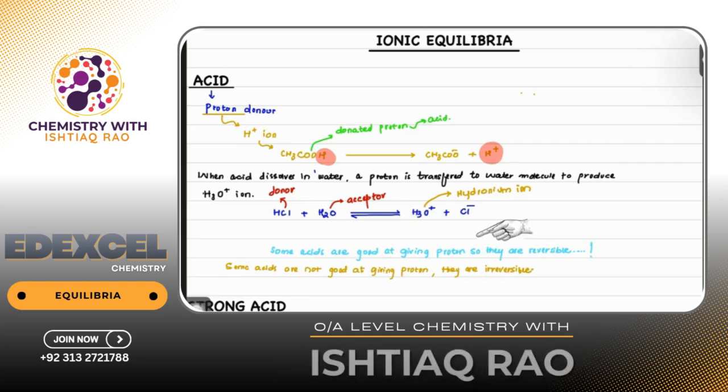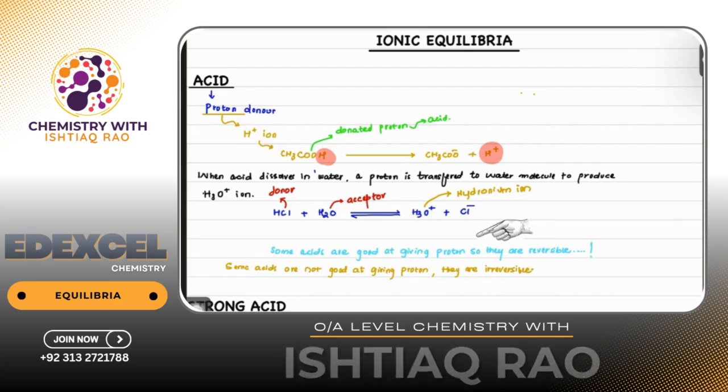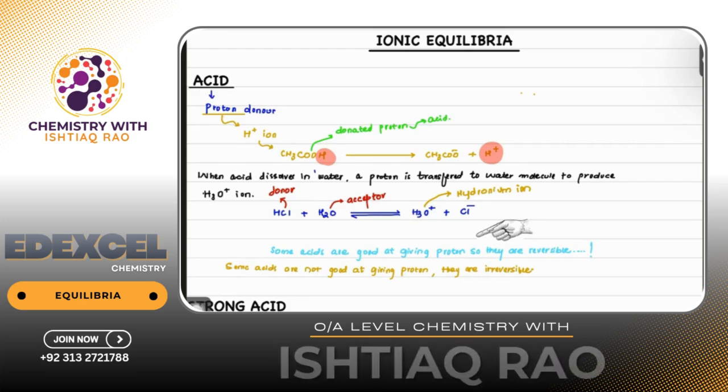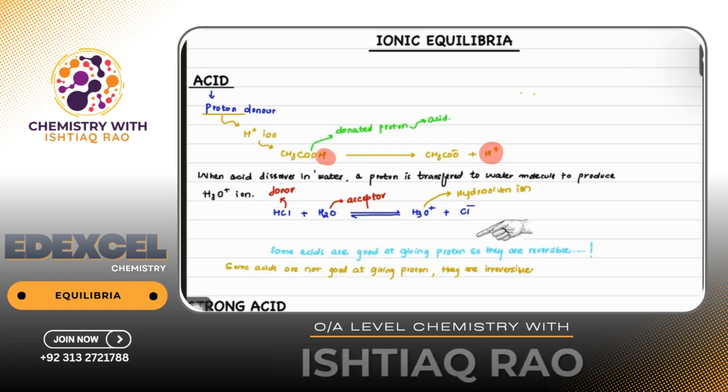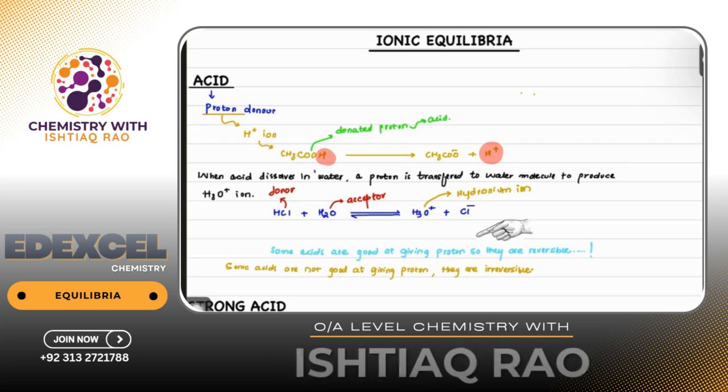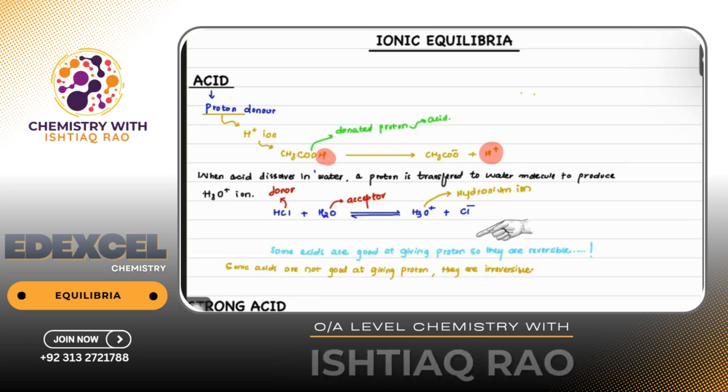All acids contain protons. We can define acid in multiple ways, like according to the Lewis theory. He says that acid is a substance which is going to accept a lone pair of electrons. If you remember when we were discussing chemical bonding, we discussed the dative covalent bond.